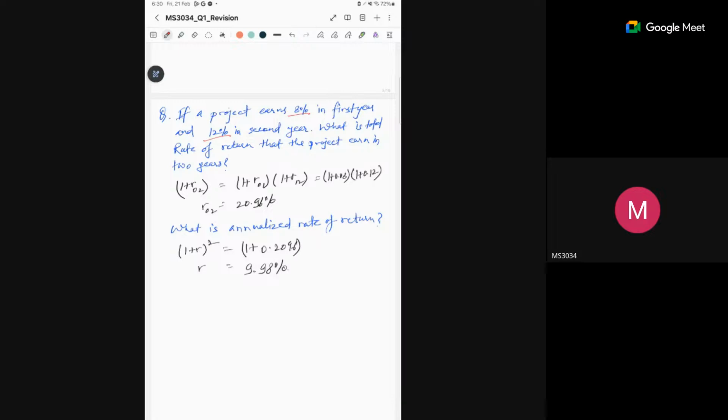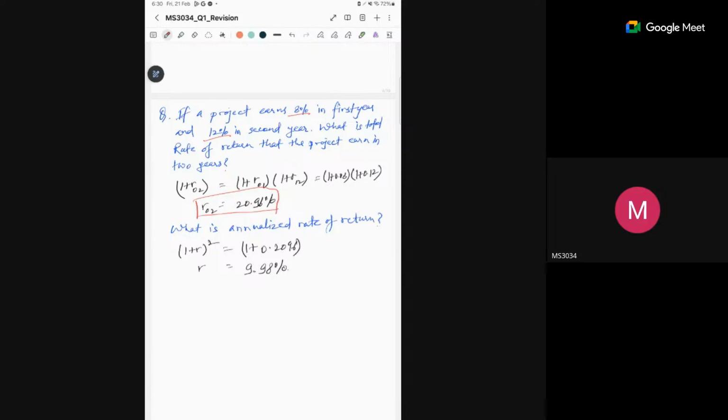If it would have been the same for 2 years, if you had earned 8% in both years, then it would have been 1 plus 8% squared, or if it would have been 12%, then it would have been this. But it is time varying. So this is the total two-period rate of return, that is 20.96%.